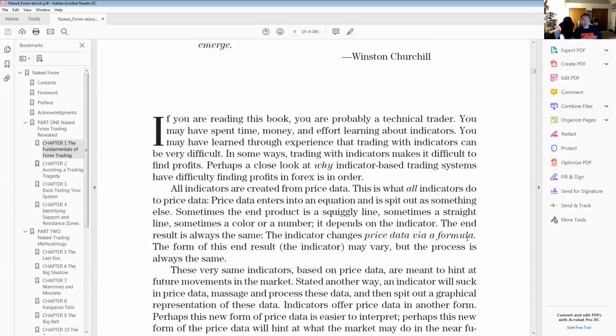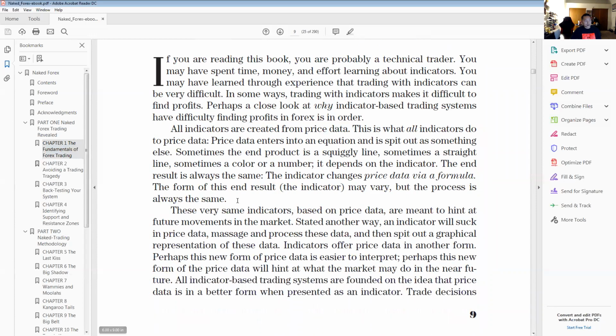So everything is a formula, an equation, to make sure that it is coded properly so that it equals exactly what you're typing in. That's what it comes down to, right? And so coding is tough, I'll be honest about that. But you can see what they're talking about based on price data. These very same indicators based on price data are meant to hint at future movements in the market.